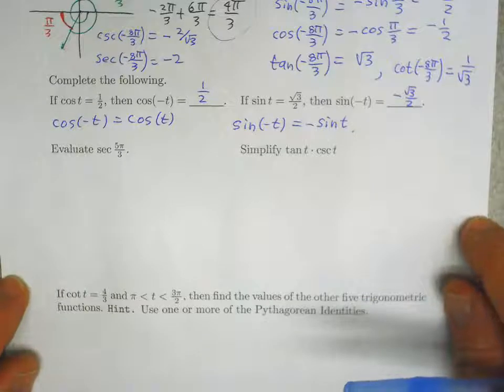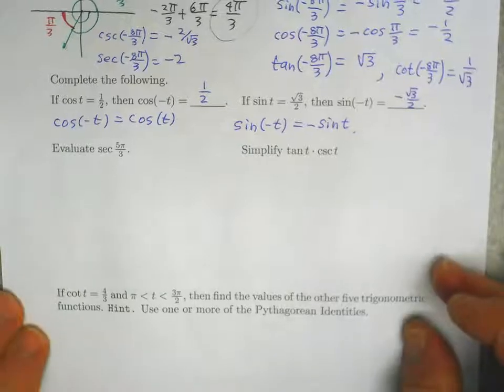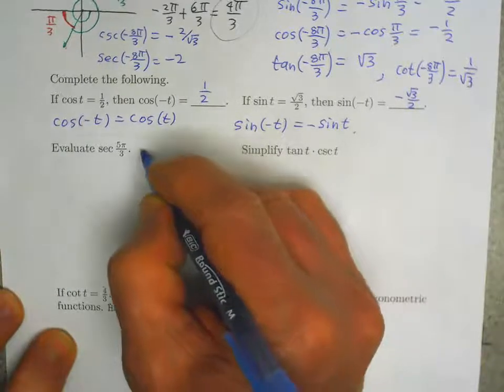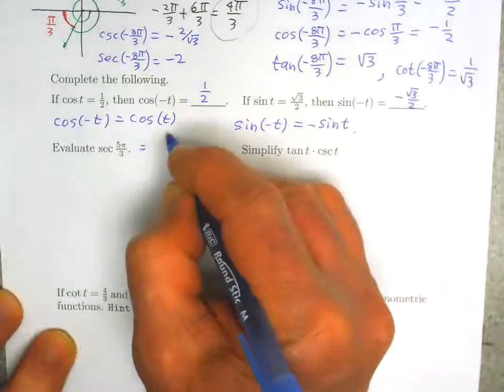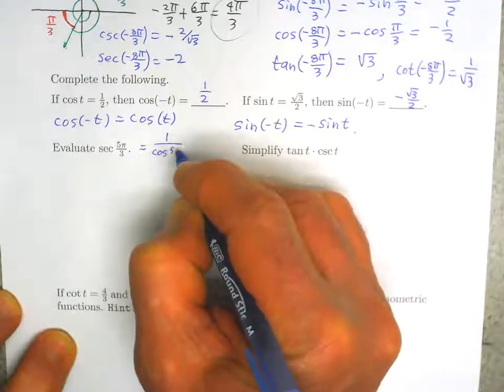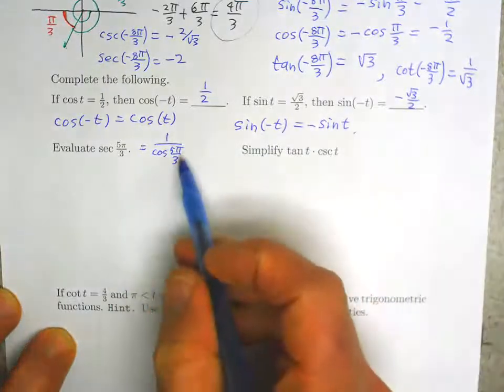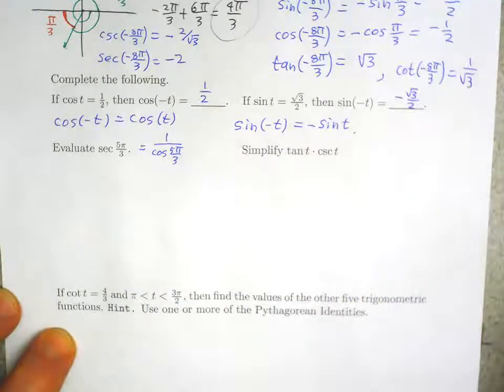Okay, evaluate secant of 5 pi over 3. That's the reciprocal of cosine of 5 pi over 3. So if we can find cosine of 5 pi over 3, then we'll just take the reciprocal.